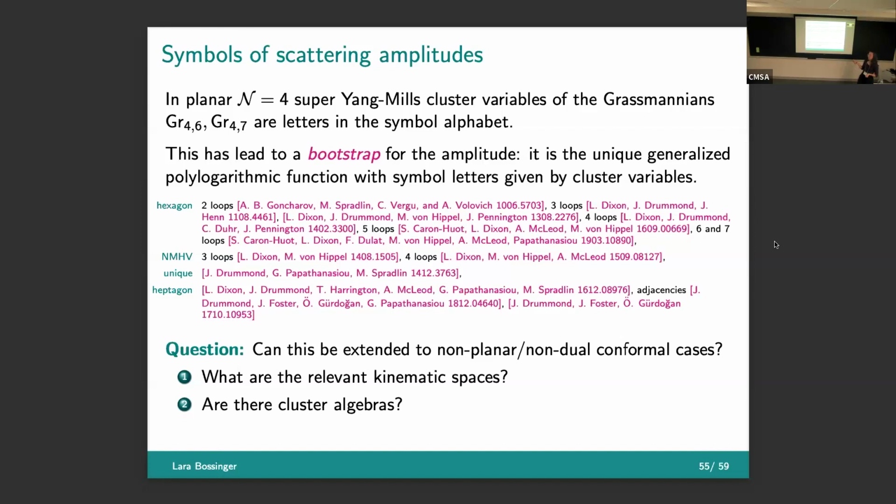The references I have go up to 7 points in N=4 super Yang-Mills. And a natural question to ask is, what happens if we leave this very nice N=4 super Yang-Mills world? We can do that by extending to non-planar cases or to non-dual conformal cases, for example. What are the kinematic spaces and what can the cluster algebras and the cluster variables tell us about the symbol alphabets?